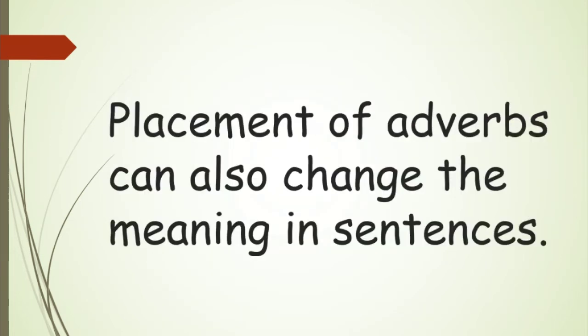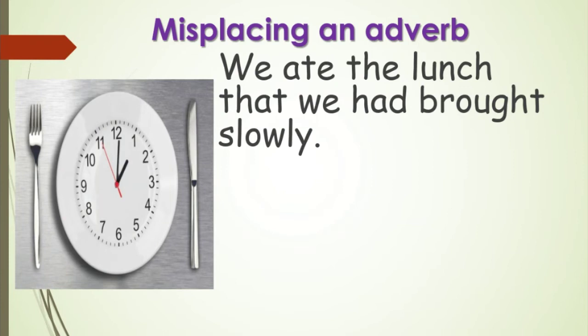Aside from that, did you know that placement of adverbs can also change the meaning in sentences? We ate the lunch that we had brought slowly. In this sentence, can you determine the misplaced modifier? What is the adverb used? So the adverb in this sentence is the word slowly. In this sentence, it seems like it modifies the verb brought.